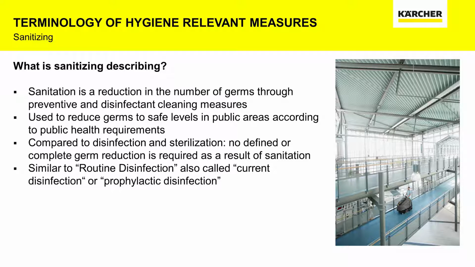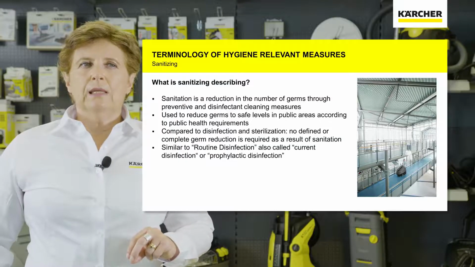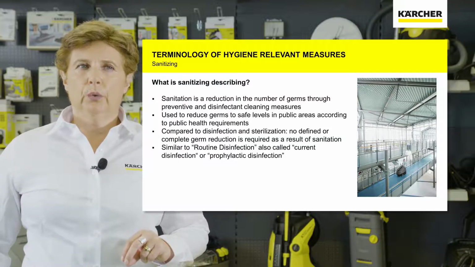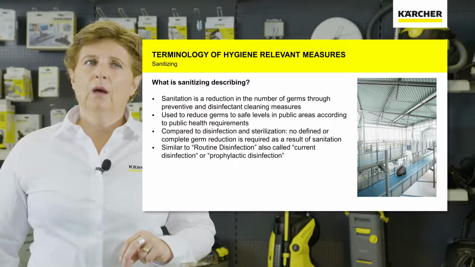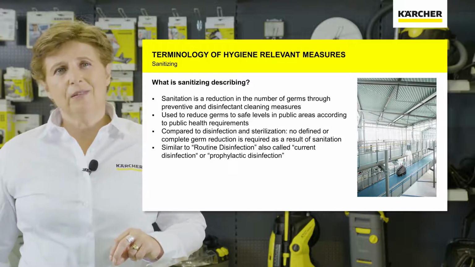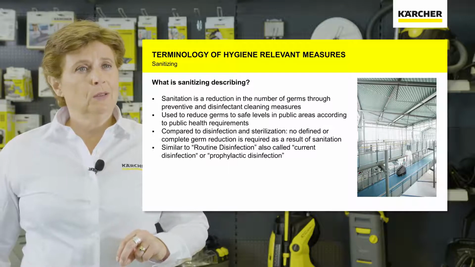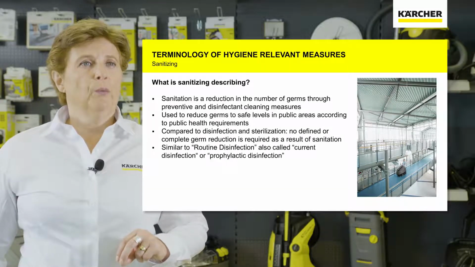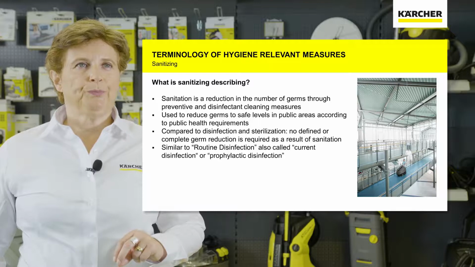Compared to disinfection and sterilization, no defined or complete germ reduction is required as a result of sanitation. Sanitation is similar to routine disinfection, also called current disinfection, or, another difficult word, prophylactic disinfection.